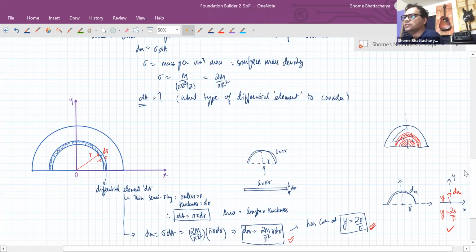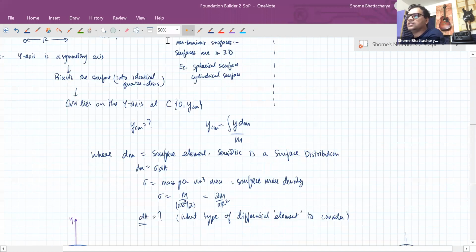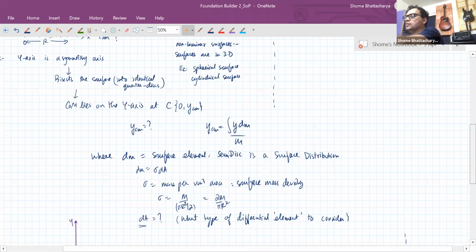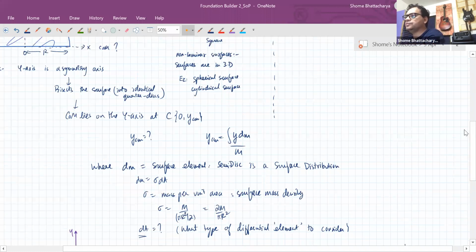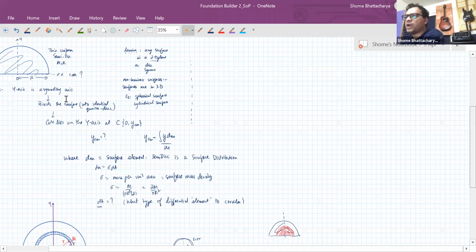Okay, so I'll just take you back to the previous section once more, so you understand what we are doing over here, and then we'll see the execution using the semi-ring as our differential element. So we are finding the center of mass of a surface distribution, which is a semi-disk. First thing we notice is that the y-axis is an axis of symmetry.